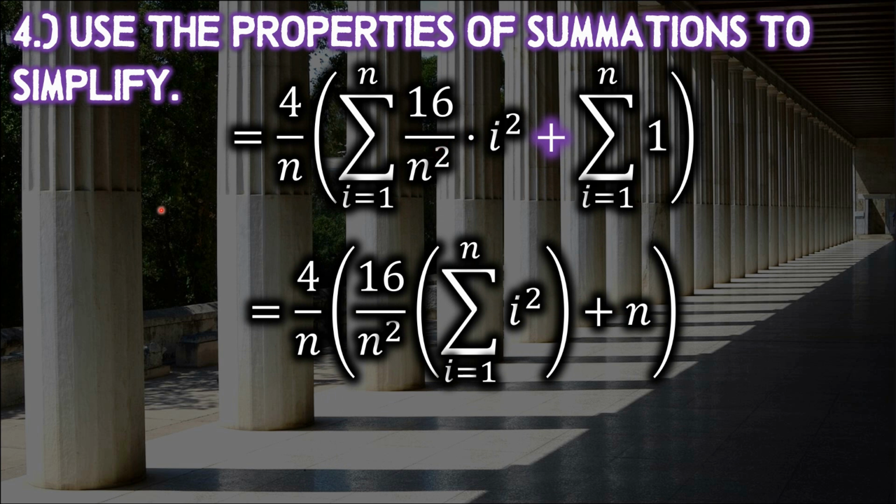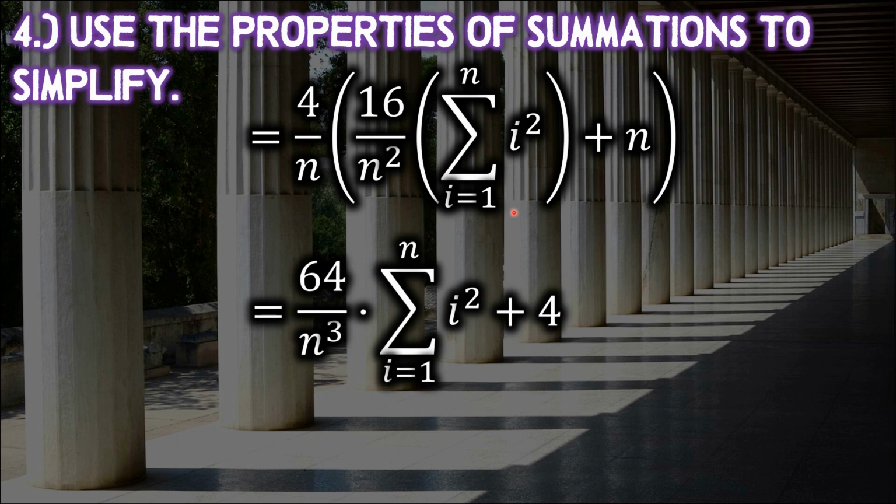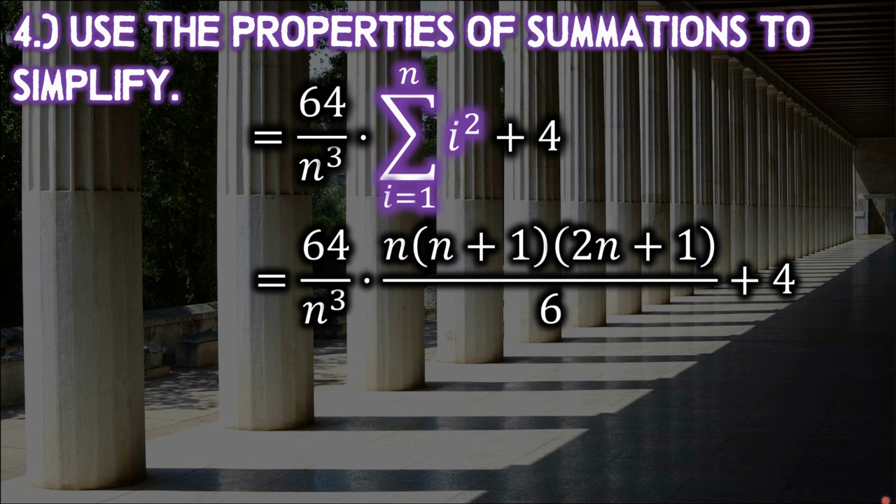Now that I split up my summations, I have the freedom to do that. And now once again, this summation here is going to be one that I actually know. After I clean up a little bit more, distribute my 4 over n to both pieces, then I can focus on this last weird summation. We studied 4 of them, 1, i, i squared, and i cubed, and so I know the values of all of those. I can replace that with the expression that only involves n, no i's.